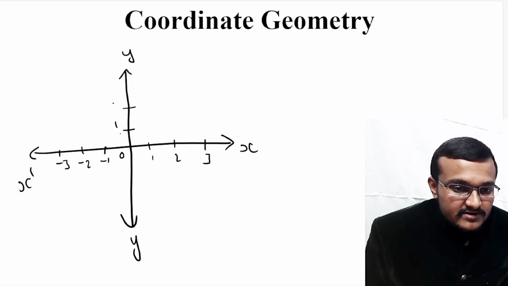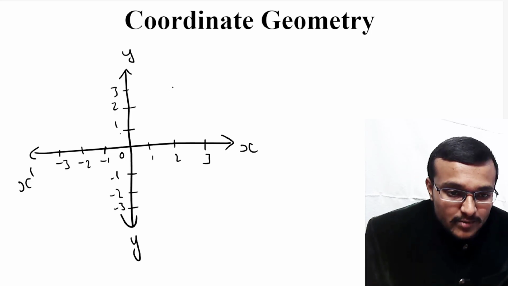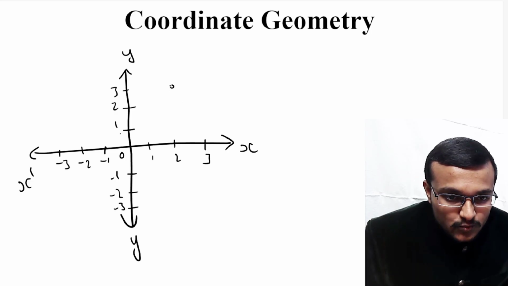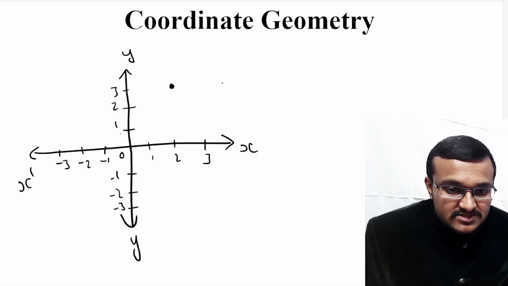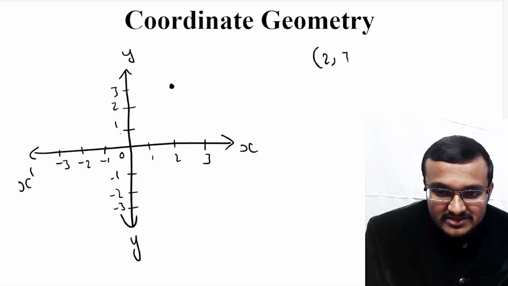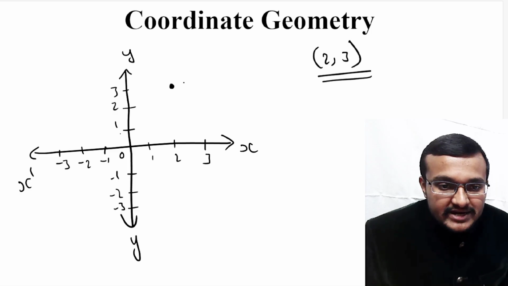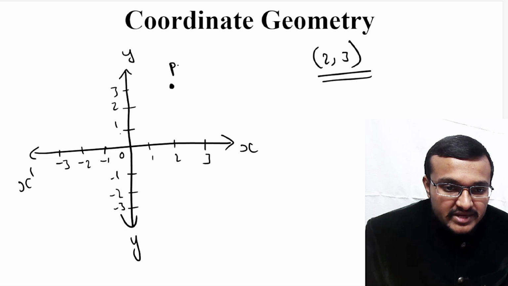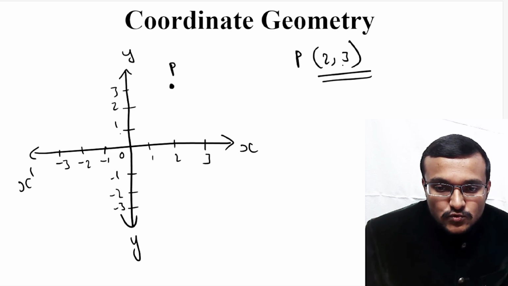Here we have 1, 2, 3, and here we have -1, -2, -3. At 2, 3 position, I'll put one point like this. So I'm taking the 2, 3 positioned point which is named as P. So that means P of 2, 3.